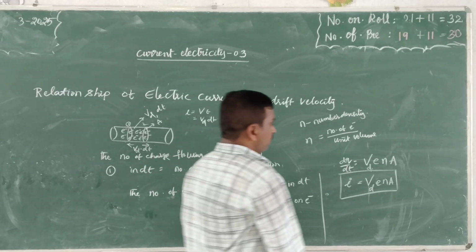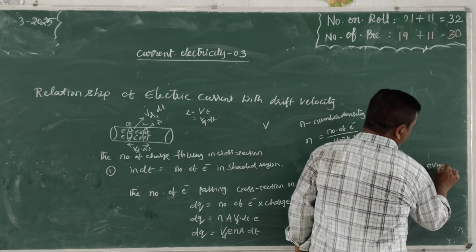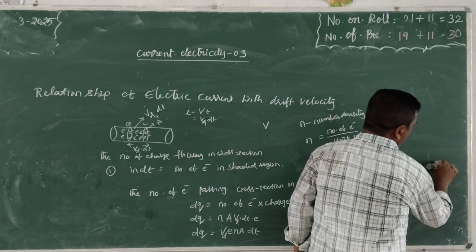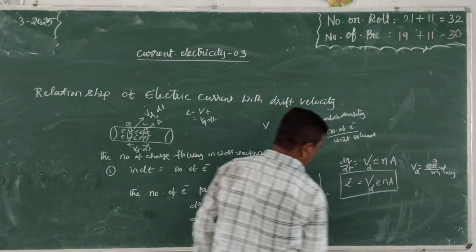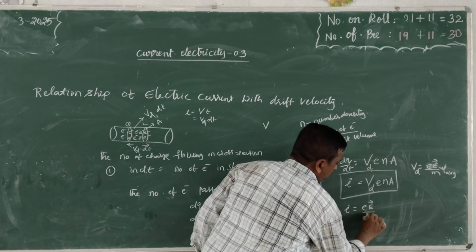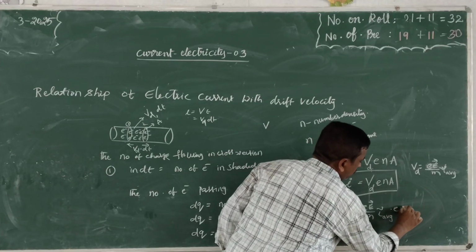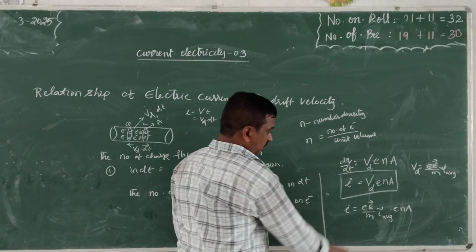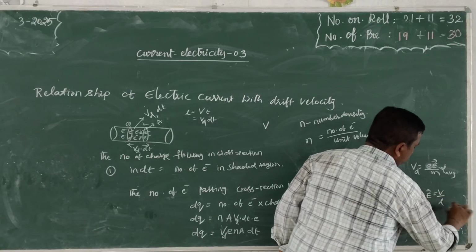See here, Vd we derived before: Vd equals e into electric field by m into tau average. So we can write I equals e E by m into tau average into e into n into A. Here E means electric field, equal to potential difference by length.